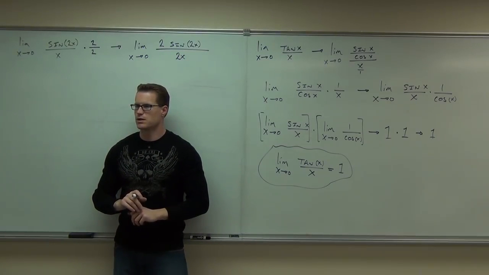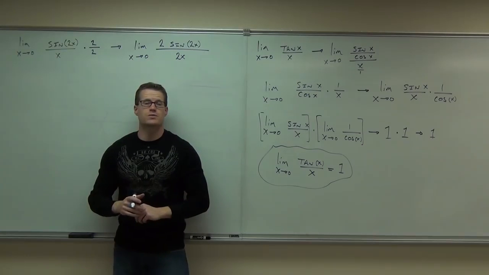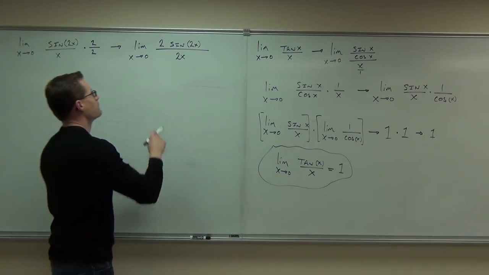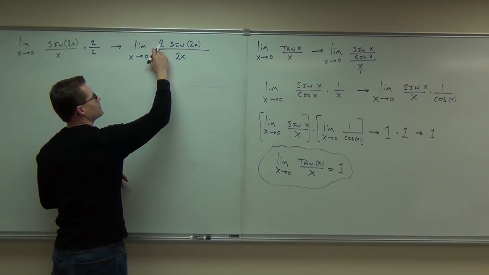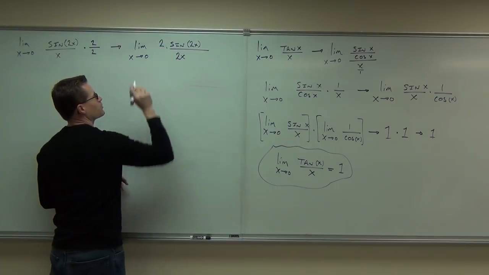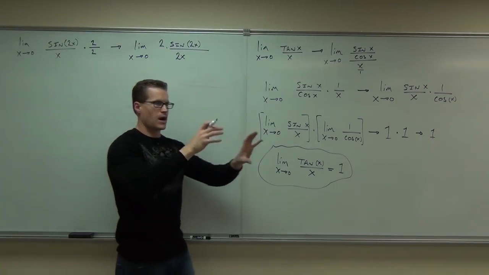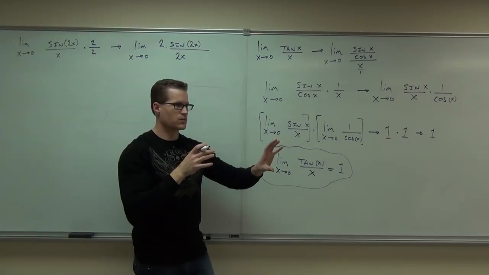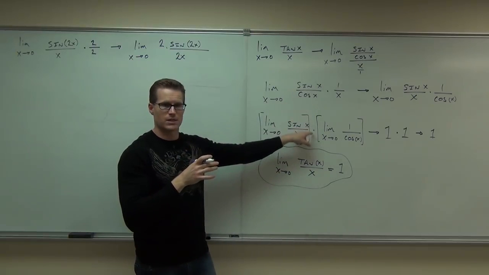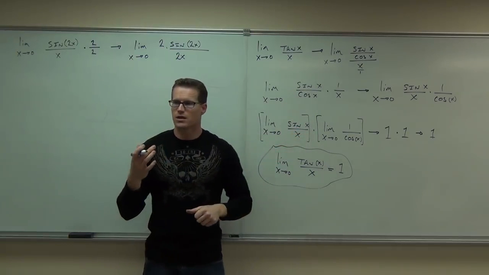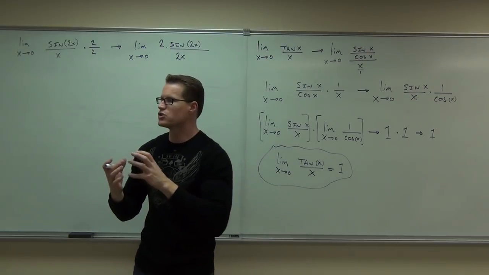You see where the 2's went? Now, here's something cool. Do you remember that anytime I have a function multiplied by a function, I can split off the limit of that function? We've done that a couple times right here, right? We did that. But with a constant, the limit of a constant is always just that constant.